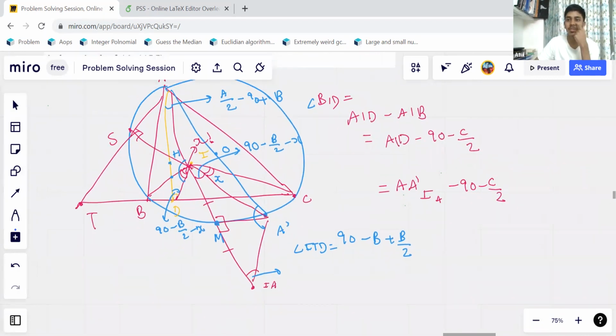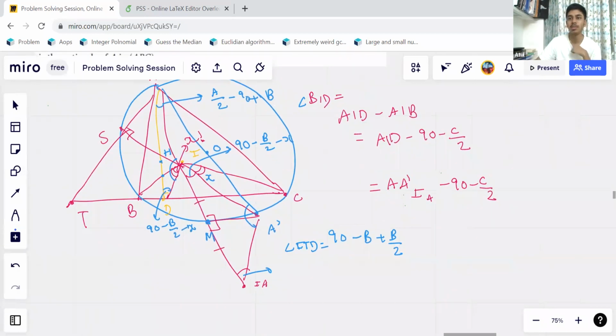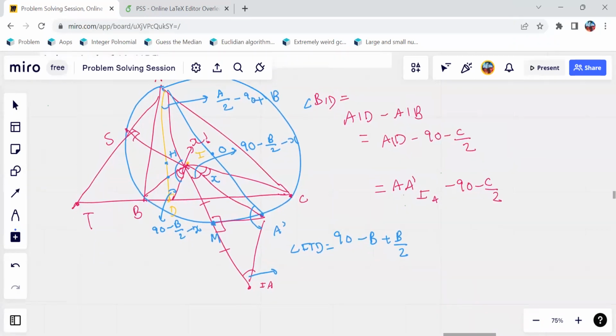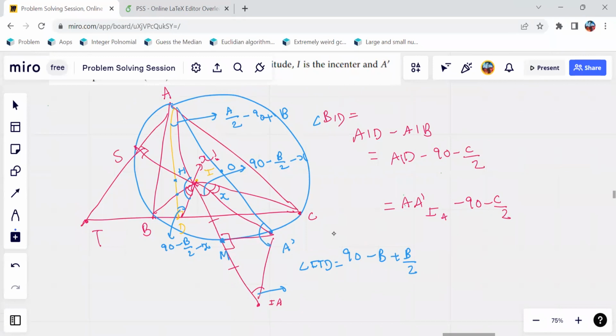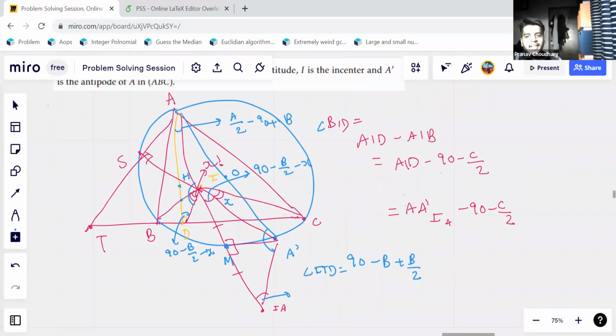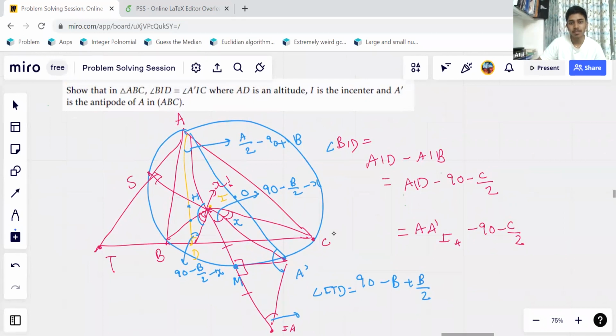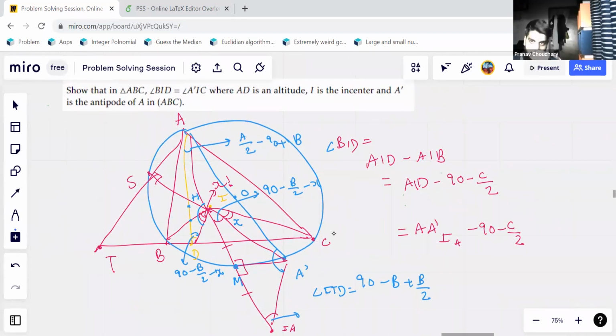But we did not use any lemmas. Okay, we used lemmas, but we didn't use Sharky Devil properties, which are less well known. You don't use Sharky Devil here, do you? Just use the fact that ASI is 90. Okay, fine. It's better than using root BC inversion. It's funny how they are just two different configurations and then the angles still relate.